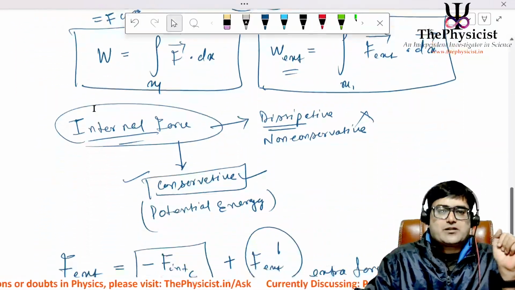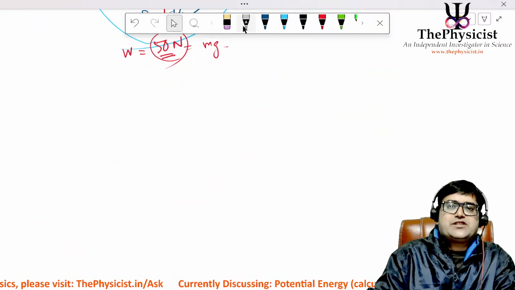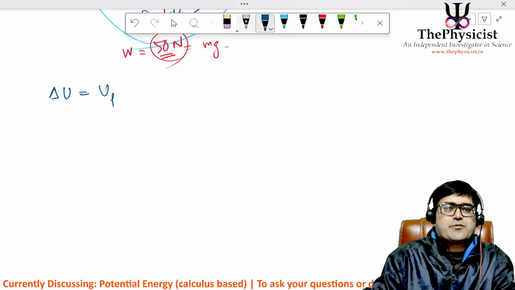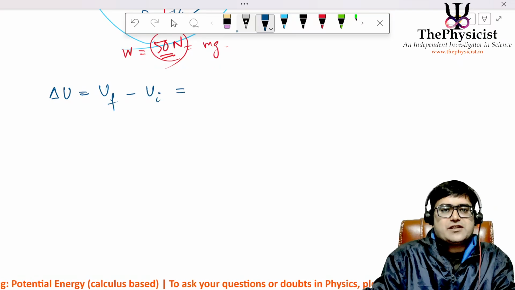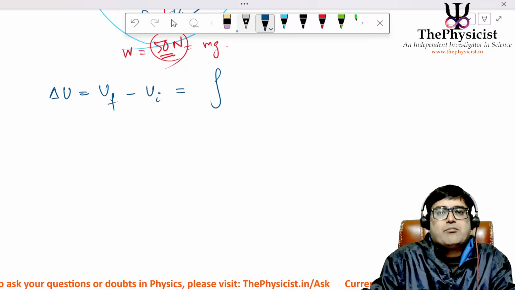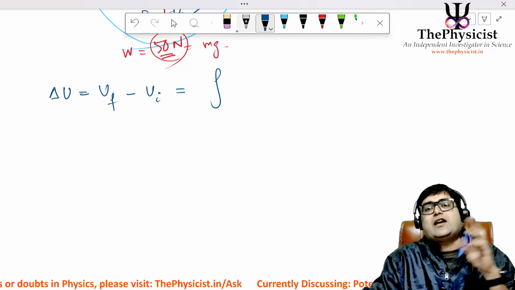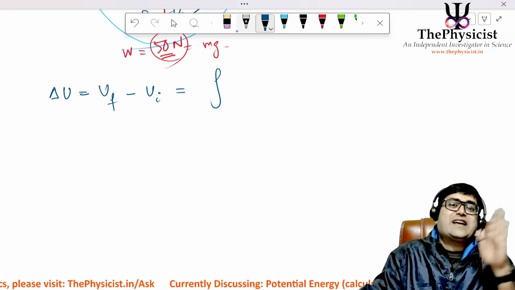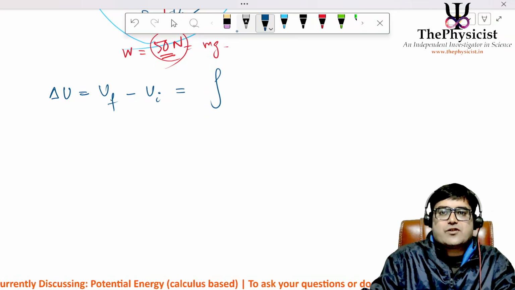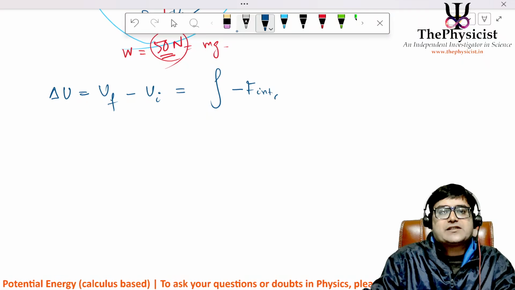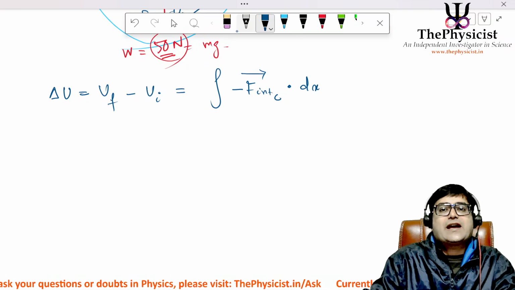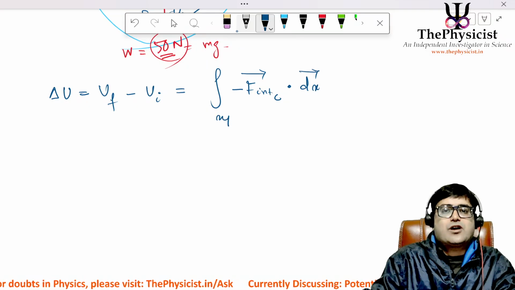So now let's sum it up together. The change in potential energy, which is the final potential energy minus the initial potential energy, is equal to the work done by the component of the external force that cancels the internal conservative force. So it is the integral of negative F_INTC dot dx going from x1 to x2.